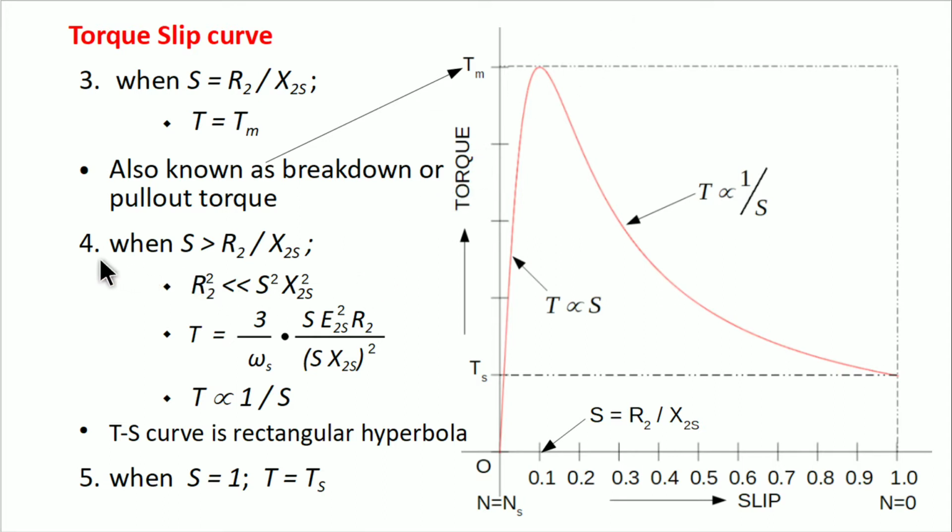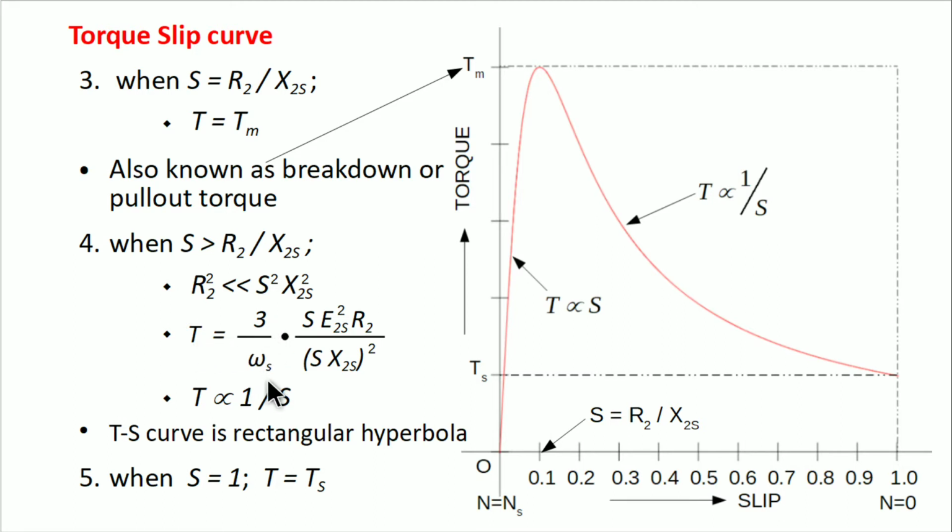Number 4, when slip is more than R2 over X2s, meaning slip has a larger value. In that case, R2 square is negligibly small as compared to s square X2s square. Therefore R2 square is neglected. So what is the remaining equation?